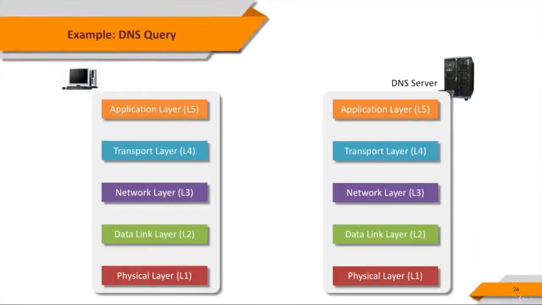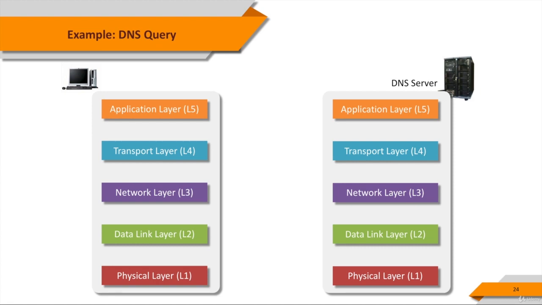So let's see what happens to a packet inside the network traffic. Please note, the data unit transferred between two endpoints has different names in each layer. In layers 5, 6, and 7, application layers, it's called data. In layer 4, transport layer, it's called segment for TCP and datagram for UDP.